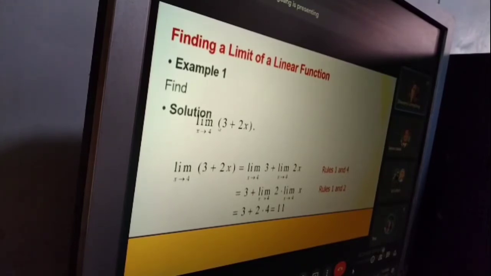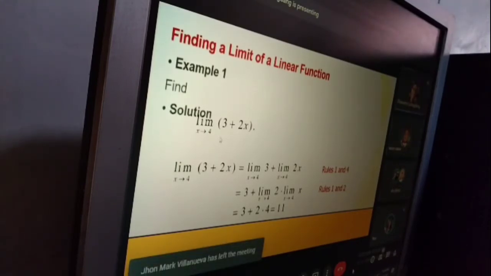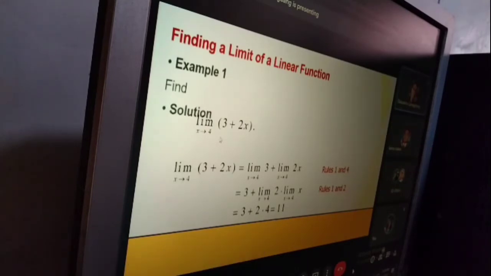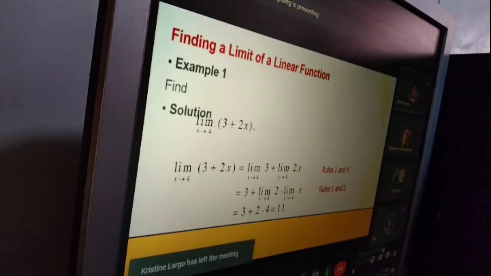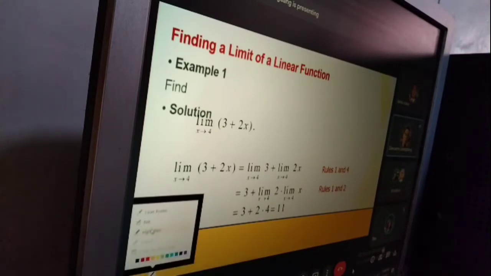Find the limit of 3 plus 2x as x approaches 4. Okay, thank you so much, Lance.